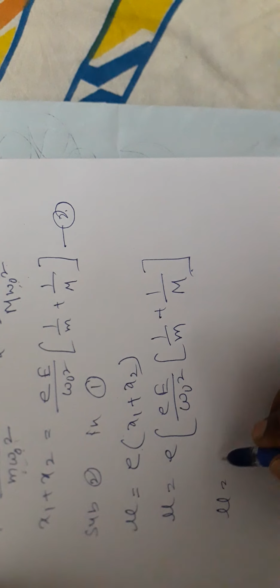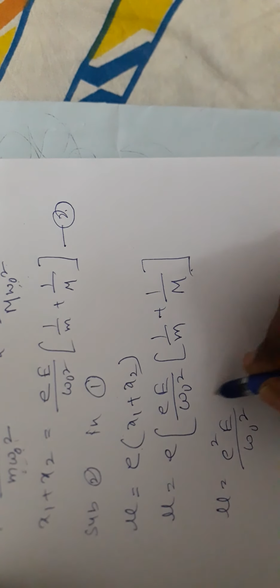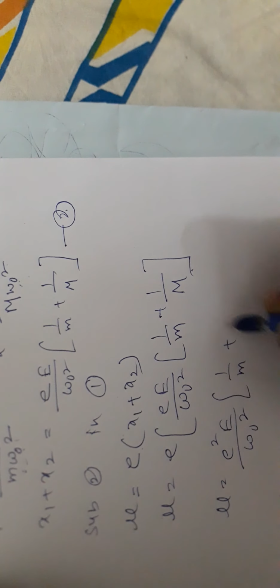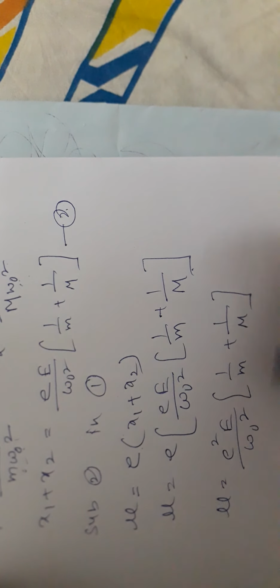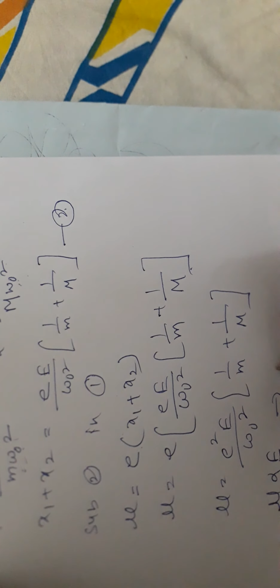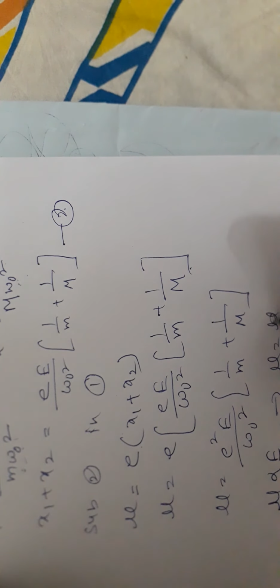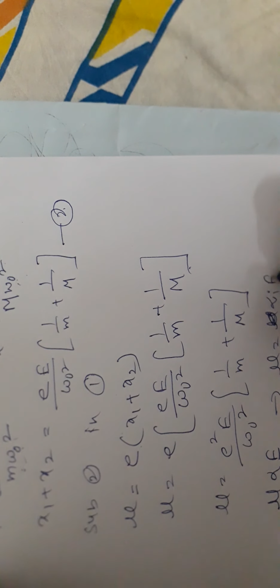So mu equals E square E by omega naught square into (1 by m plus 1 by capital M). Now mu is directly proportional to E, and mu equals alpha I into E.